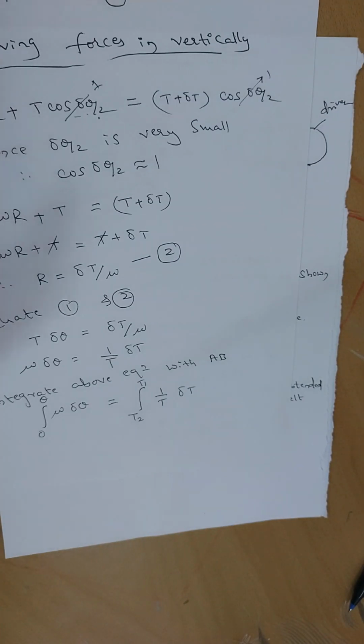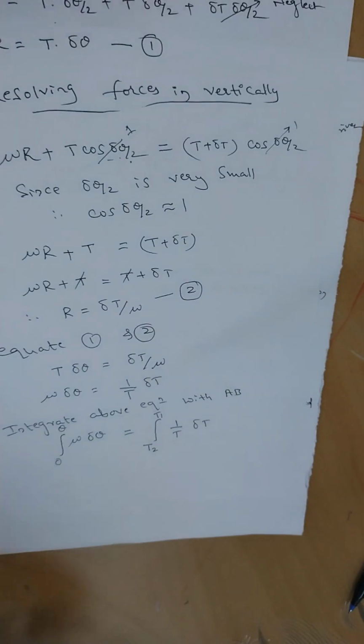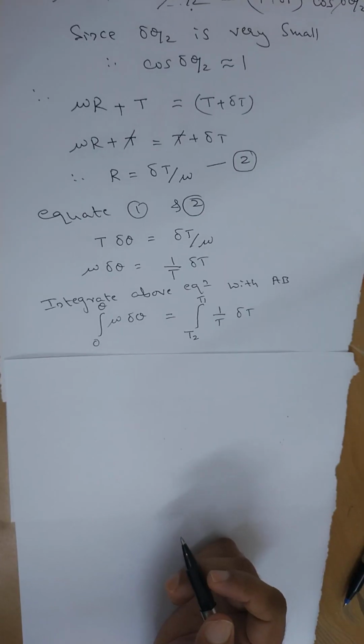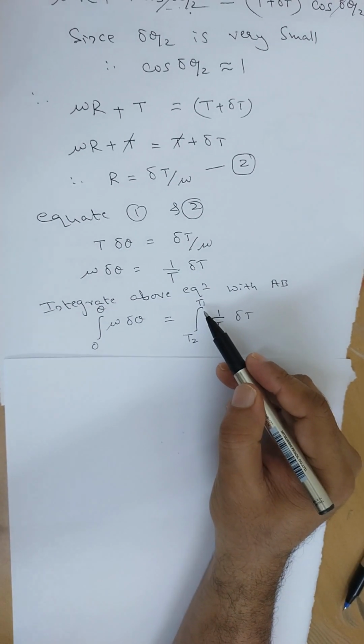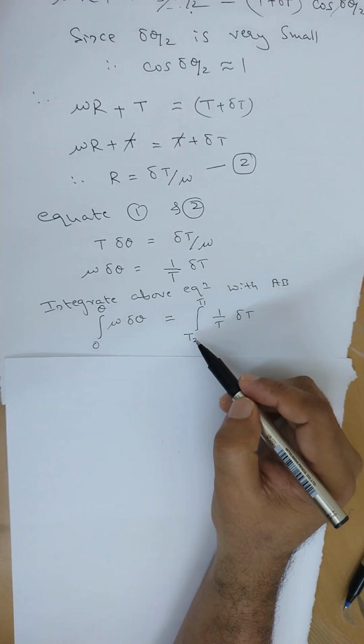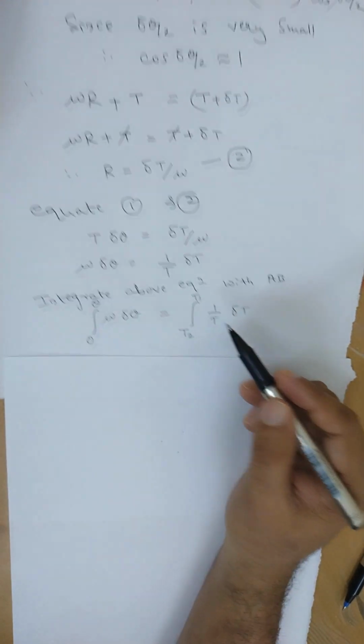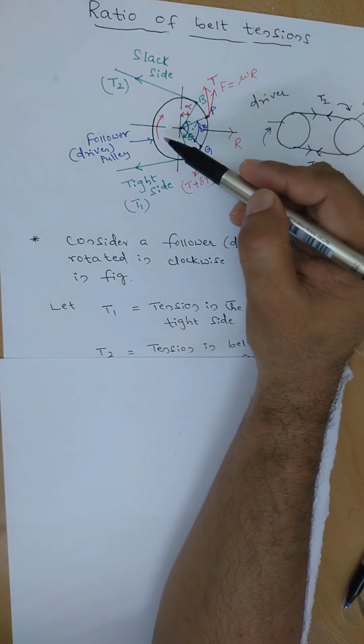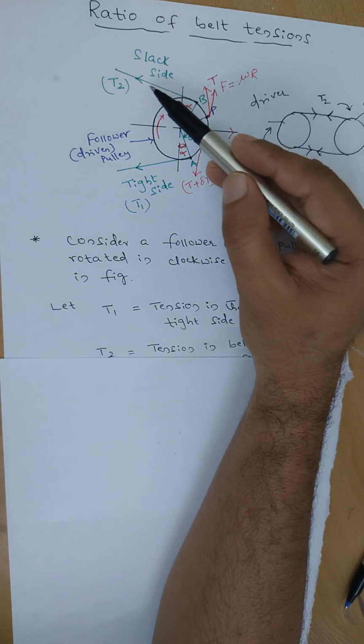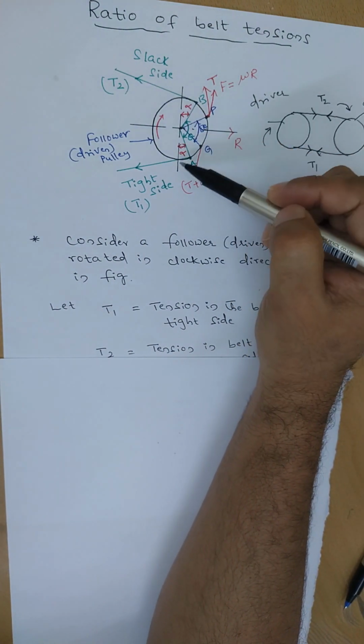Now again further simplify. Why we need to integrate from T2 to T1? Because the follower rotates in clockwise direction, so we need to consider first T2 then T1.